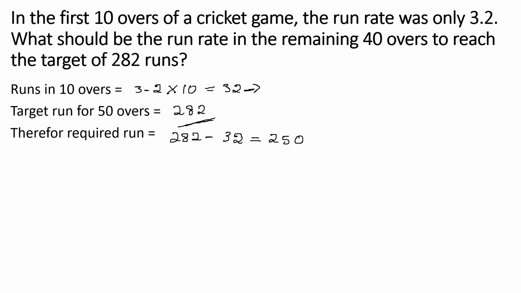Therefore, this is the total run required for the remaining 40 overs. So run rate will be total runs required divided by the number of overs, that is 40. So 250 divided by 40 will be 6.25. So the required run rate for the remaining 40 overs will be 6.25 per over.